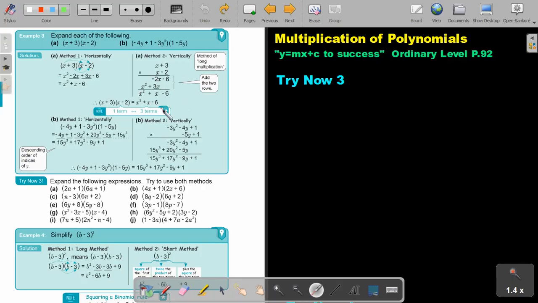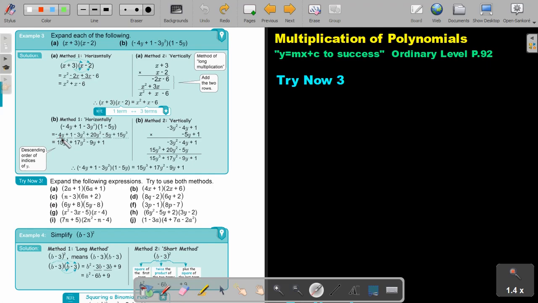If I do this one, again, it's this term, let me show you, this term, multiply, multiply, this term, multiply, multiply, this term, multiply, multiply. And then we write it down, and then we just add up the like terms, and that's what we did there.